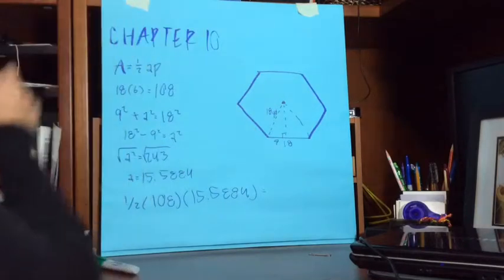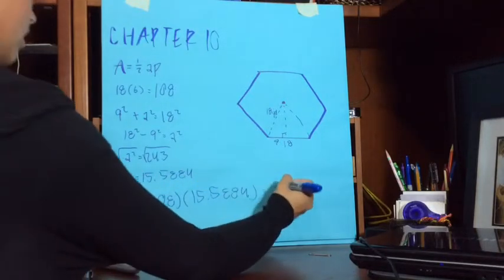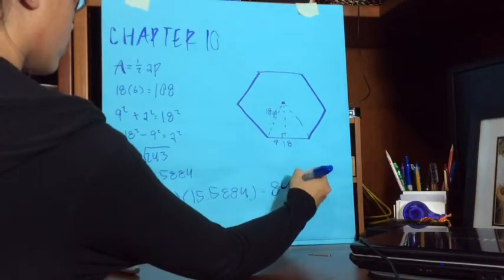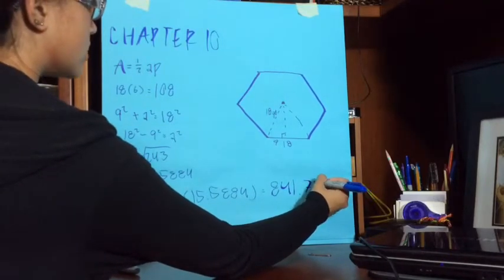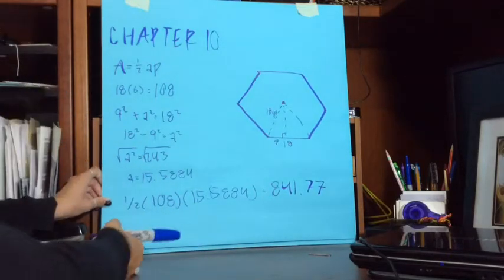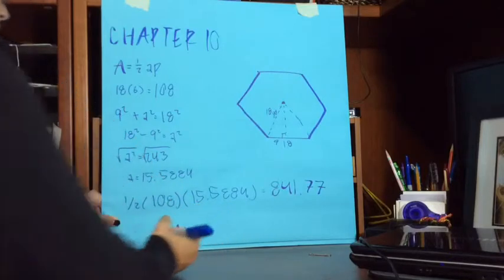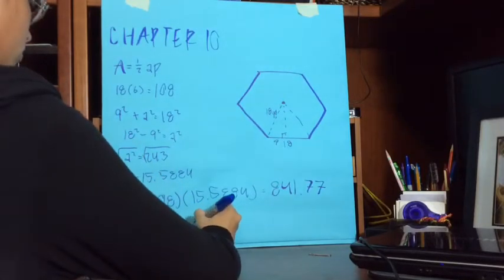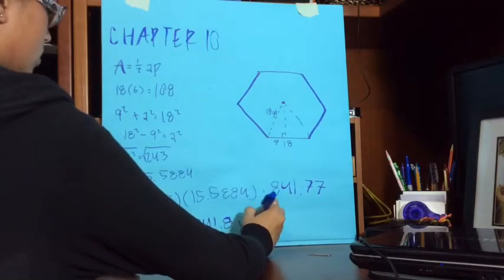Let's plug that in, and you get 841.77. In this case, the problem asks for us to round to the nearest tenth, so we can put that the area is equal to 841.8 yards squared.